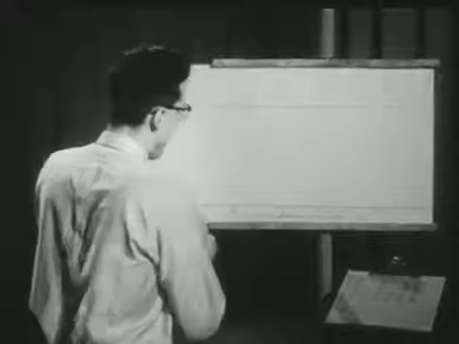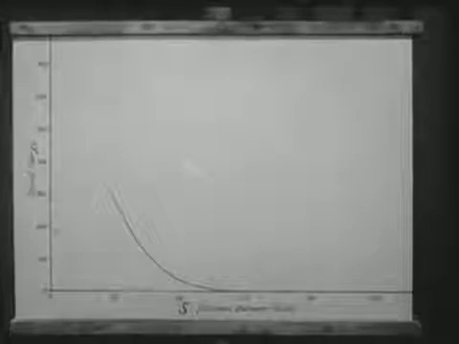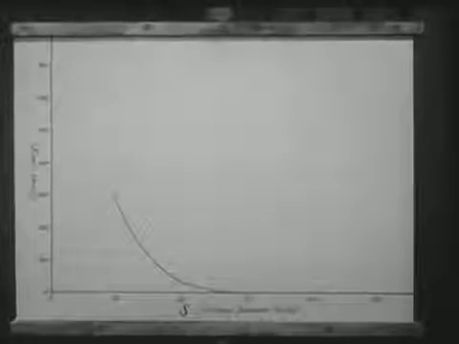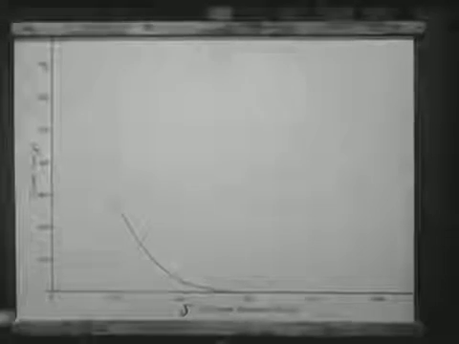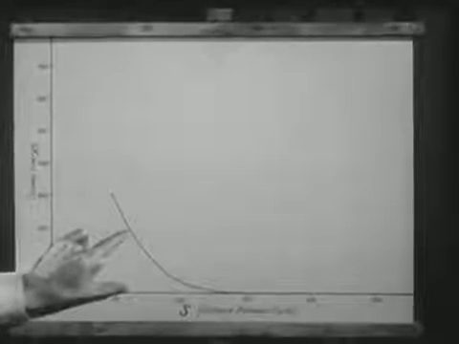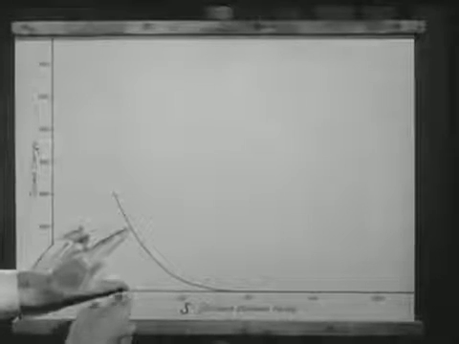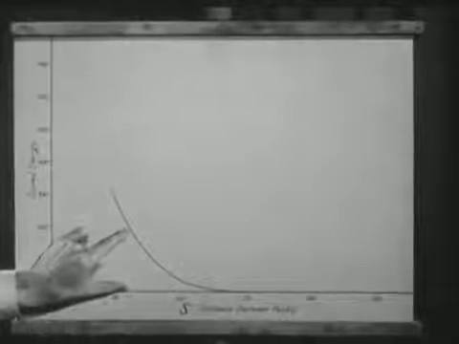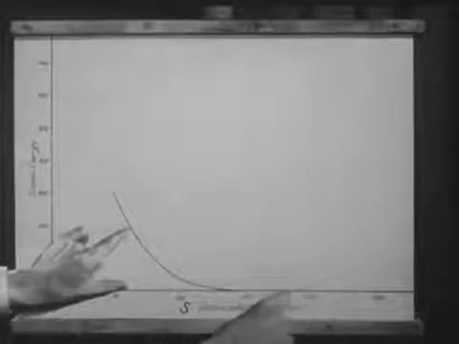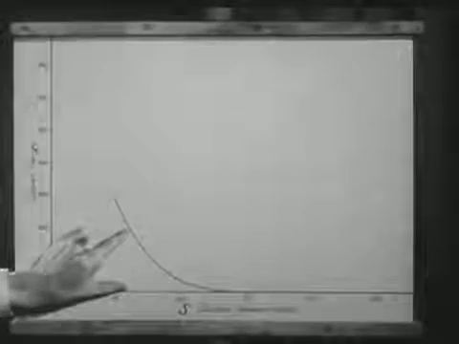And here is the graph of stored energy versus distance between the pucks. What this means is that the amount of energy stored when the pucks are just a distance s apart is the same whether the pucks are coming together or whether they're moving apart.